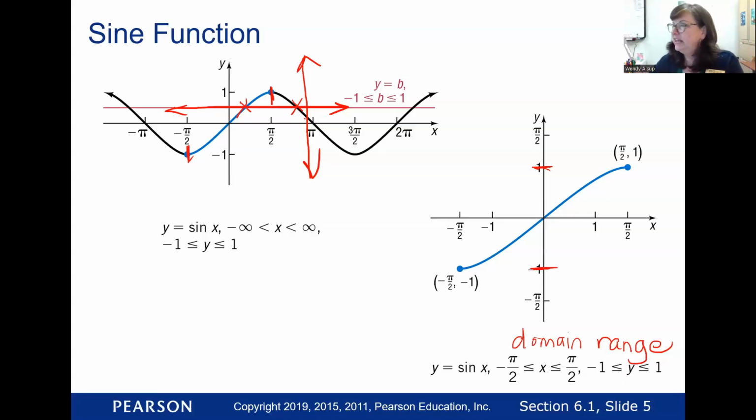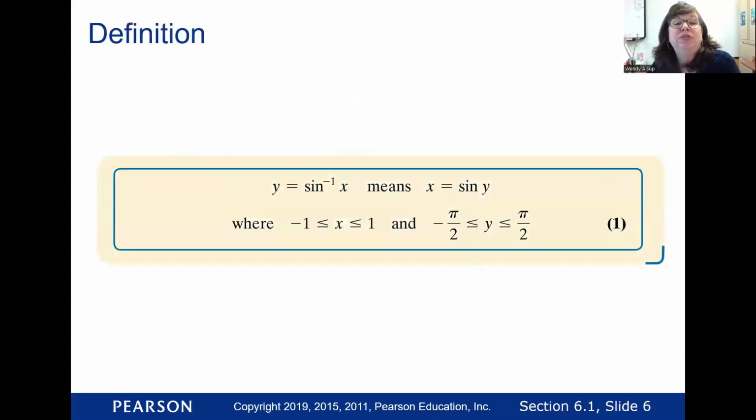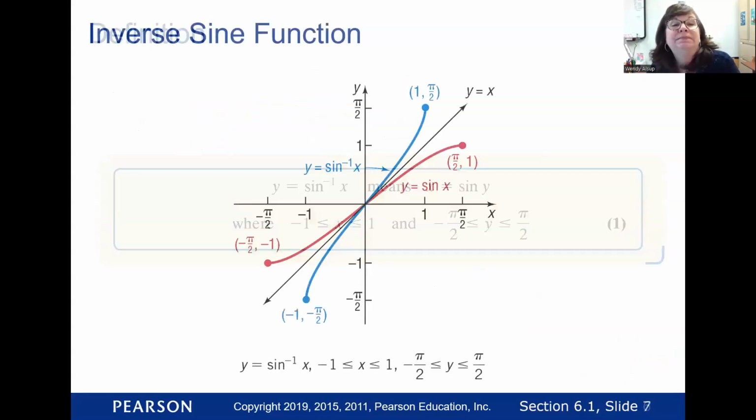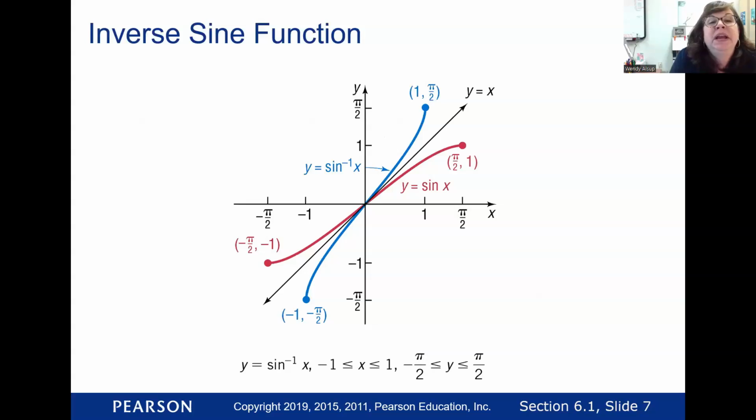Let's think about that in terms of this portion of sine. I've got both functions drawn here. An inverse function flips the x and the y value. When you graph it, it's a reflection across y equals x. The red is our original sine function.